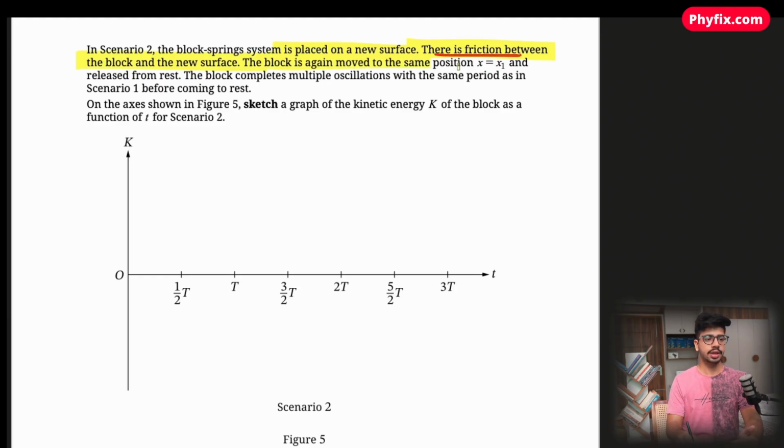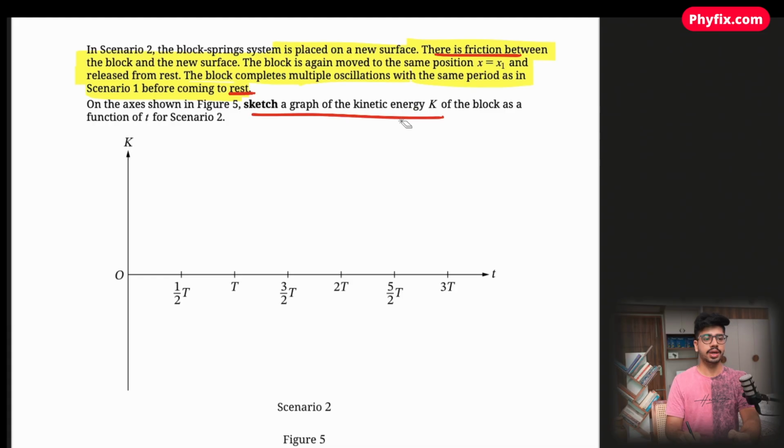And the block is again moved to the same position x1 and released from rest. The block completes multiple oscillations with the same period as scenario 1 before coming to rest. They have already mentioned that. So the speed keeps on decreasing.